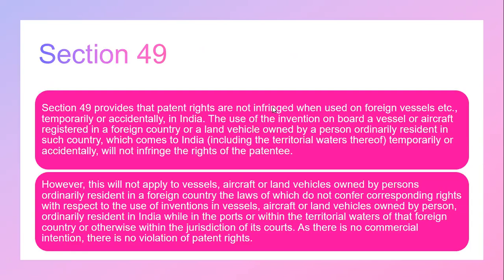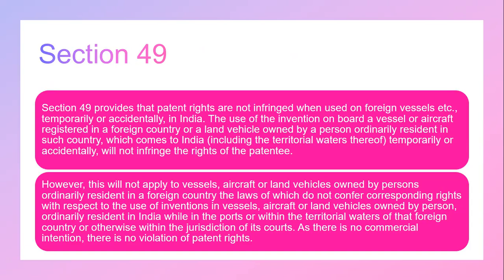Now, section 49 is important. I want you to know this section because there is a chance that there might be one question on it. Either it's going to be a very straightforward multiple choice question, or it can be a subjective question wherein you have to explain section 49.